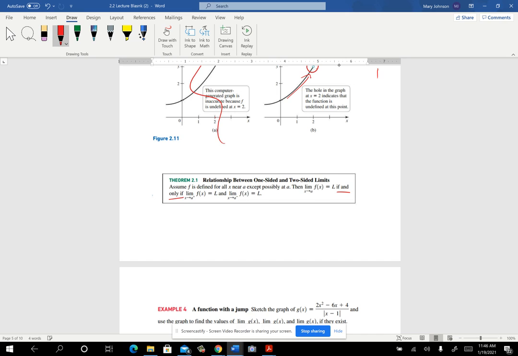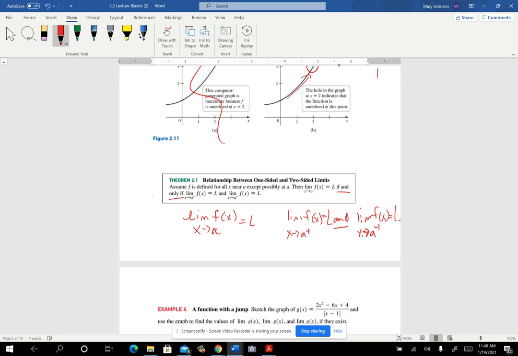So what we're saying is the limit of f of x as x approaches a equals L if and only if these are true: the limit as x approaches a from the positive side and the limit as x approaches a from the negative side both equal L.